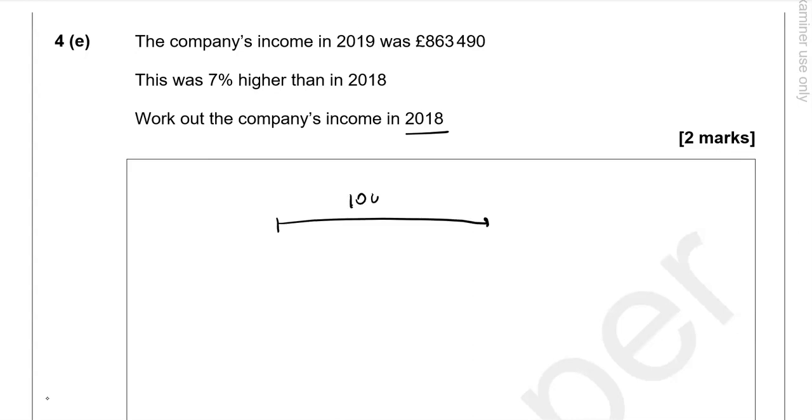So we are gonna represent that as the 100% amount, and we don't know what it was. What we know is that in 2019 there was a 7% increase, and this total is equal to £863,490.